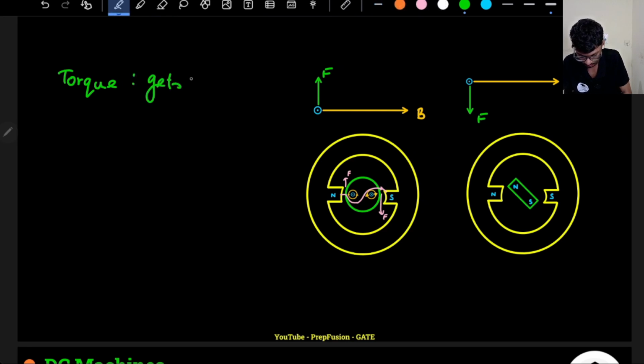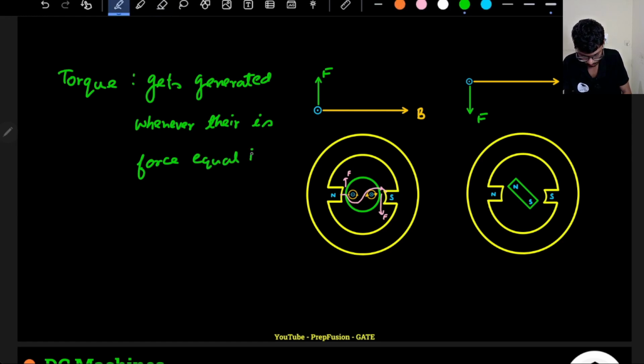Torque gets generated whenever there is a force equal in magnitude and opposite in direction.